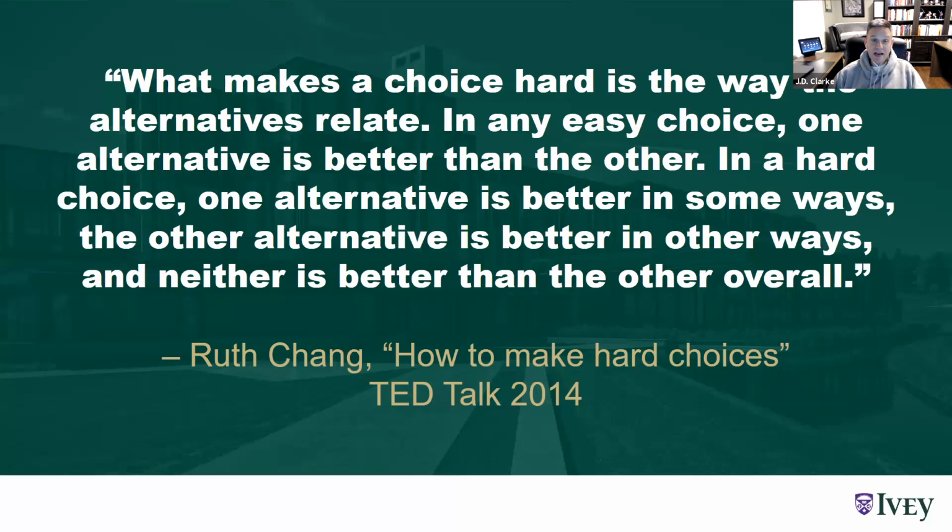The first is she defines what a difficult decision is, and that's covered in this quote. To put it in simple terms, anytime that you're doing a pros and cons list, it's a difficult decision. The second thing she talks about is that when we're faced with a difficult decision, at times we default to the easiest choice.